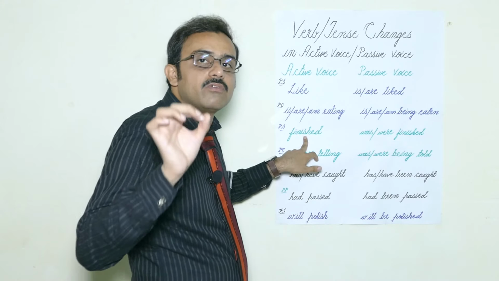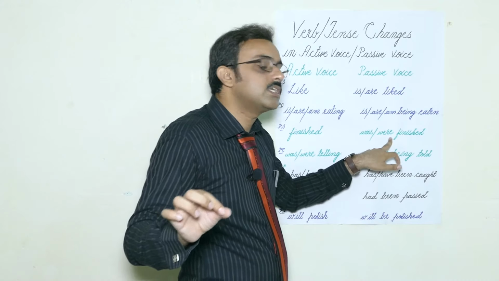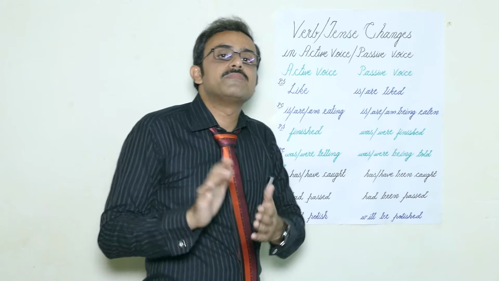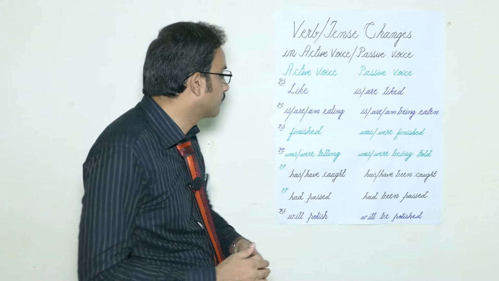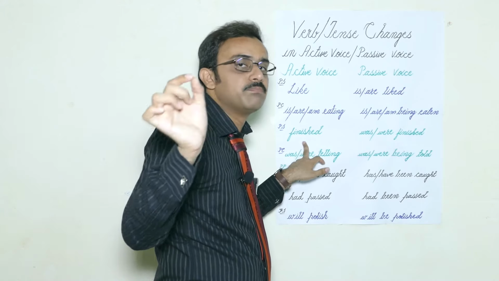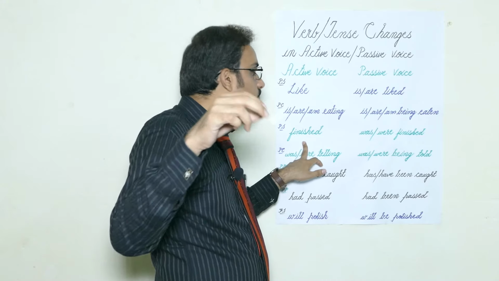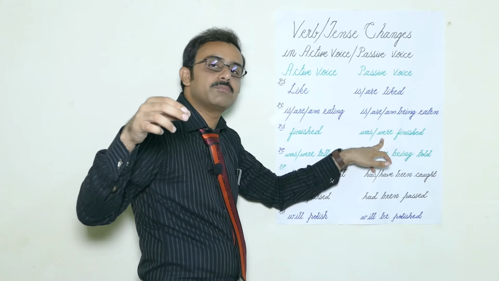Second form of active sentence is replaced by auxiliary was, were, and third form of verb, means past participle. They finished their work. Now the subject is they, plural. So their work now would be the subject over here in passive voice.